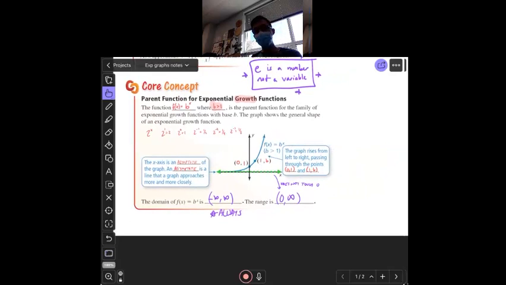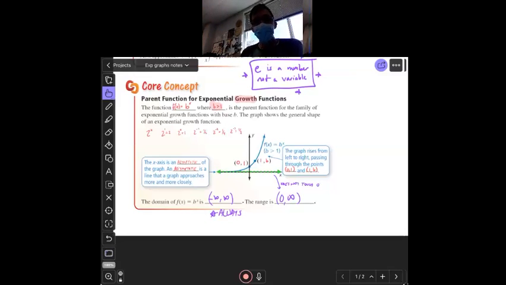Exponential growth and decay is a very applicable type of math. We talk about banking, like interest rates on savings, so you're looking at growth in money. You're looking at population growth or population decline for cities, for animals. You're looking at radioactive decay for radioactive things, like carbon dating.